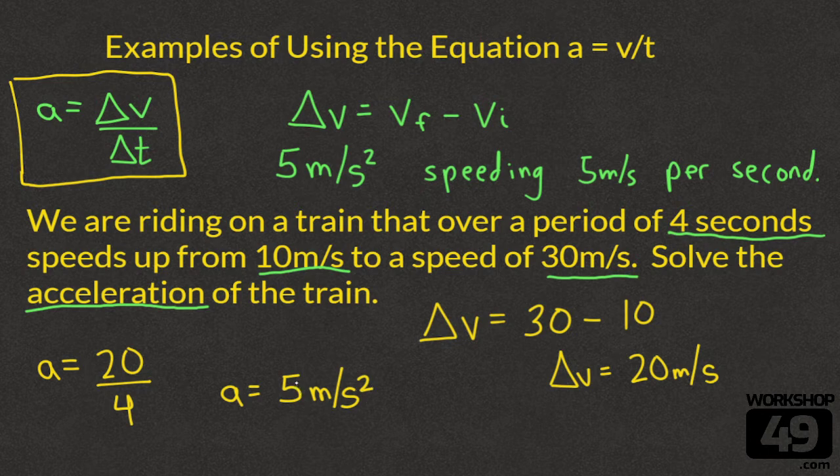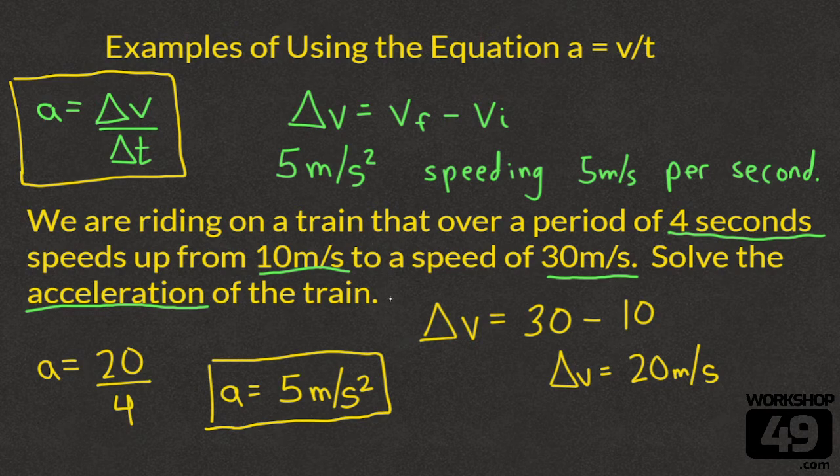That little squared means we're speeding up by 5 meters per second, and that's how we show this with acceleration. Generally, acceleration is written in meters per second squared. Very seldom do I see acceleration written in kilometers per hour squared. You could do it, but don't.